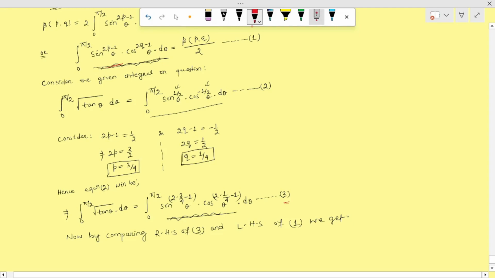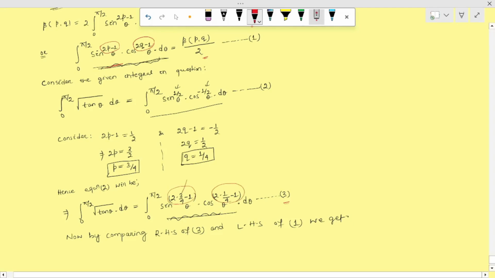Here what is the sin theta power? 2p minus 1, cos theta power 2q minus 1, and we have the answer is beta pq by 2, right? Here 2 into 3 by 4 minus 1, here 2 into 1 by 4 minus 1 d theta.